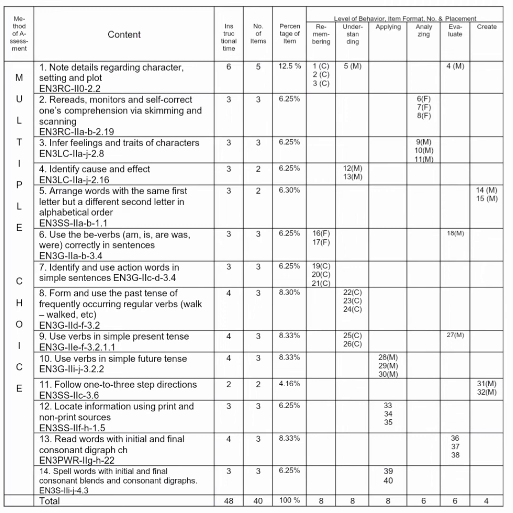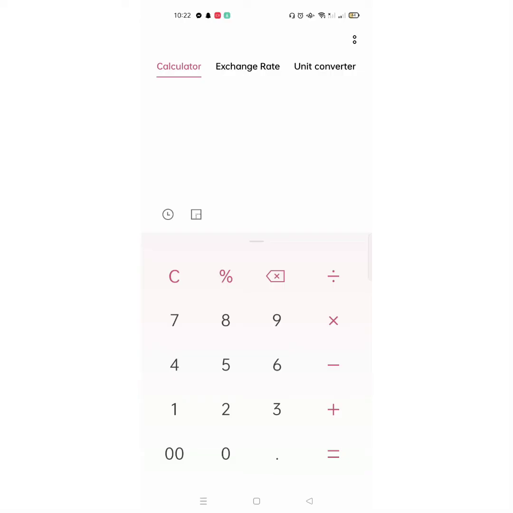For example, in content number 1, which is 6. In this example, we need to divide 40 by 48 because 40 is the total items and 48 is the total hours. So we have 0.83.